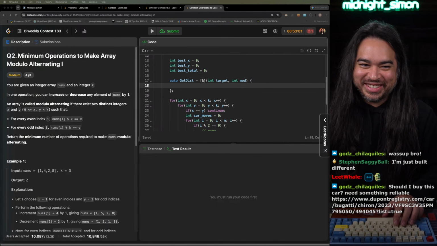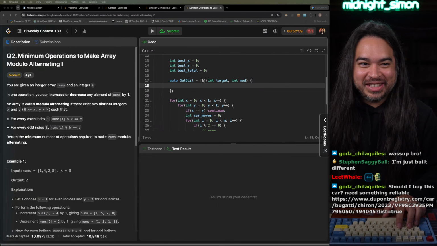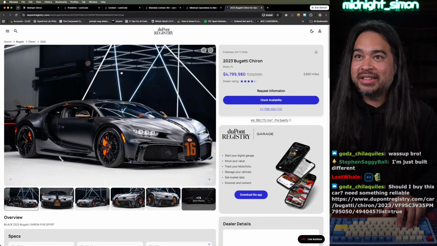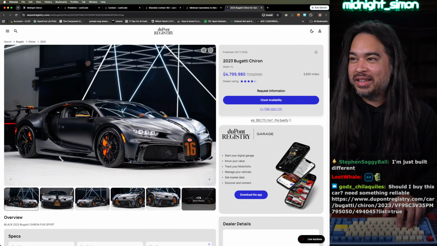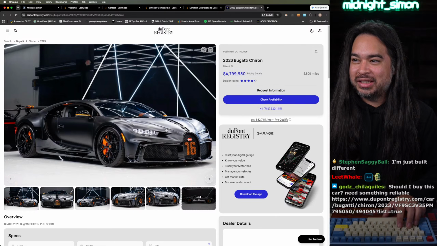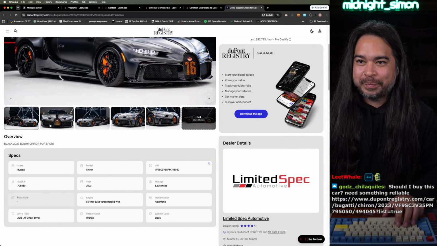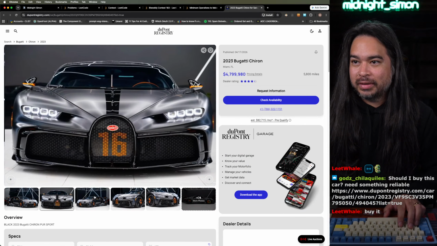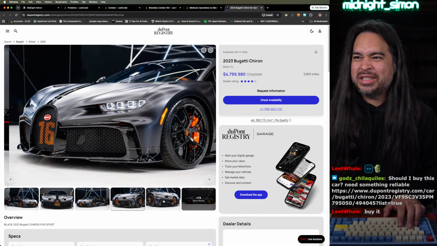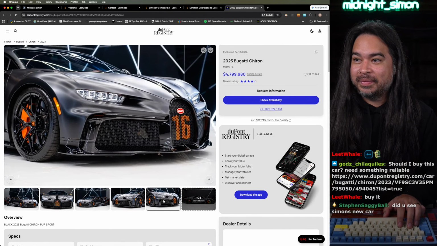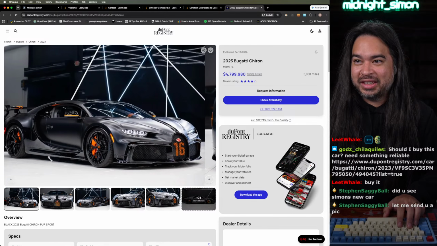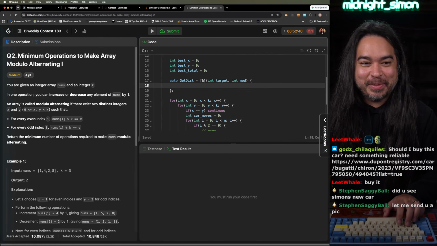Should I buy this car? What are you guys looking at, man? Man, is that how much these cars go for? $5 million? I ain't rich enough to buy that, man.